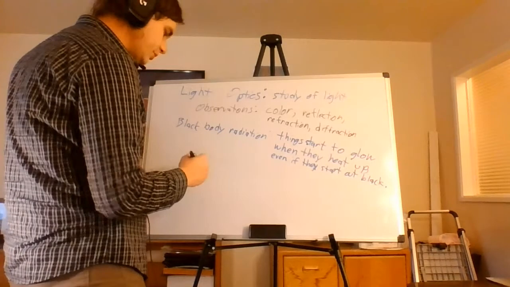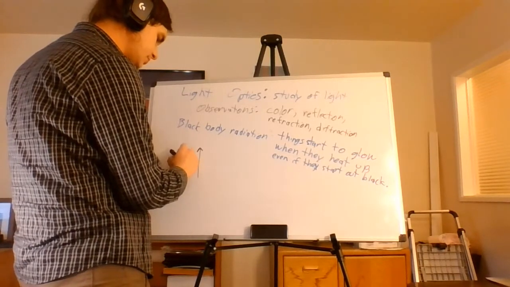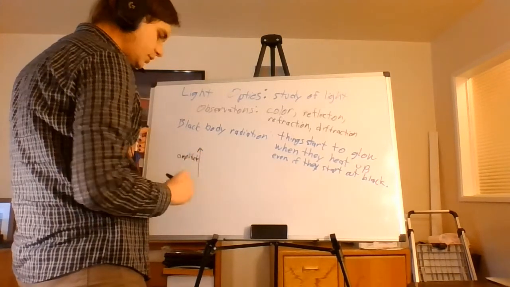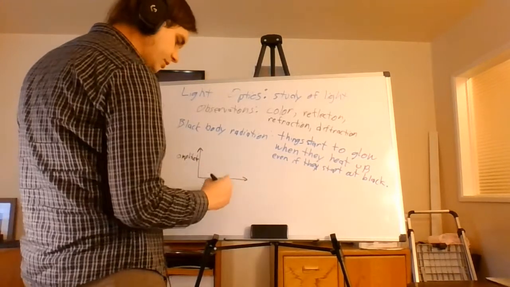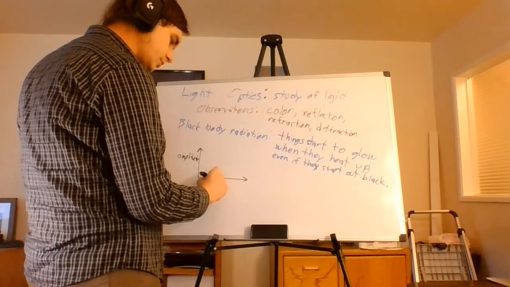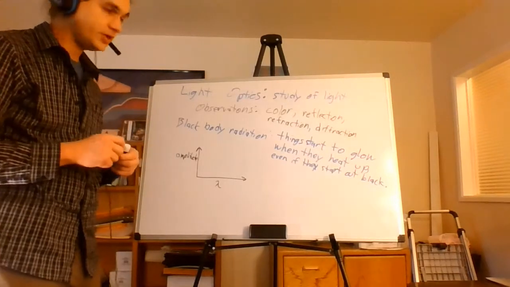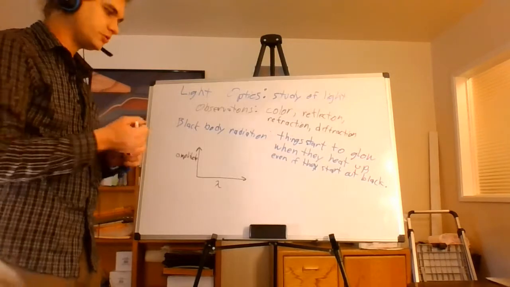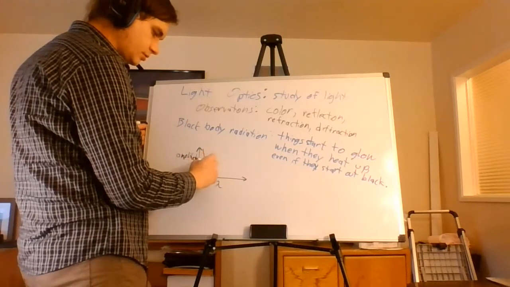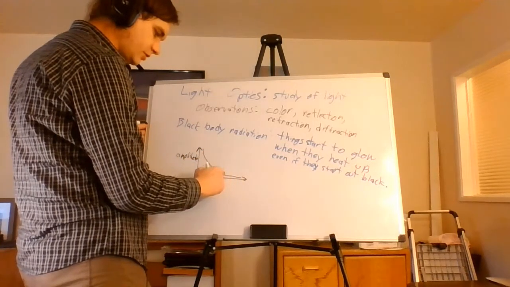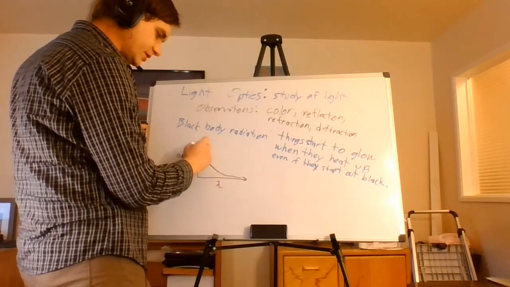Now, if you look at this as the intensity, the amplitude of the radiation coming off of it, and you compare it to the wavelength of the radiation coming off a black body, then what you see is that at any given temperature, the radiation follows a pattern that looks more or less like this.